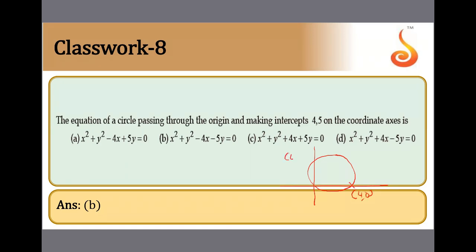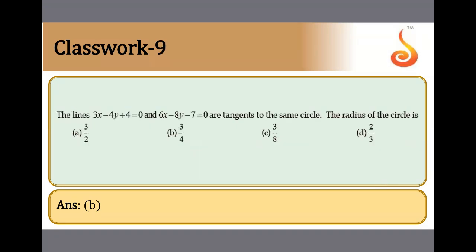This point is 0, 5. Same way, (x minus 4)(x minus 0) plus (y minus 5)(y minus 0) equal to 0. So we get x square minus 4x plus y square minus 5y equal to 0. Option B.